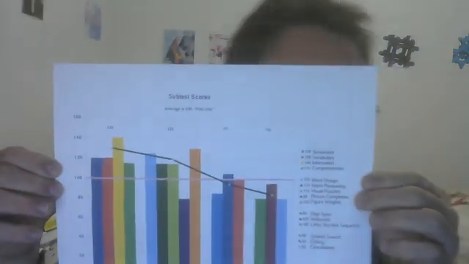And this is what I got on my scores. Looking at that, my verbal is the highest, then my spatial, and my working memory is below average, and my processing speed is below average.